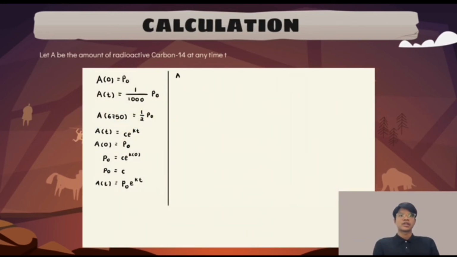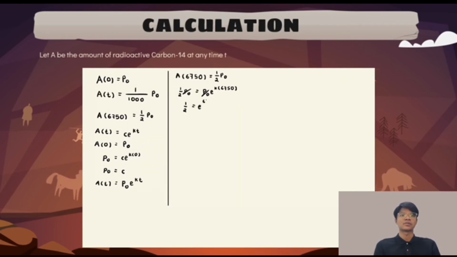Next, we use another piece of information to determine k, where t equals 6750 and A equals 1/2 times P0. We substitute into A(t) equals P0 e to the power of kt, and it becomes 1/2 times P0 equals P0 e to the power of k times 6750. P0 from the left-hand side and the right-hand side can be cancelled.